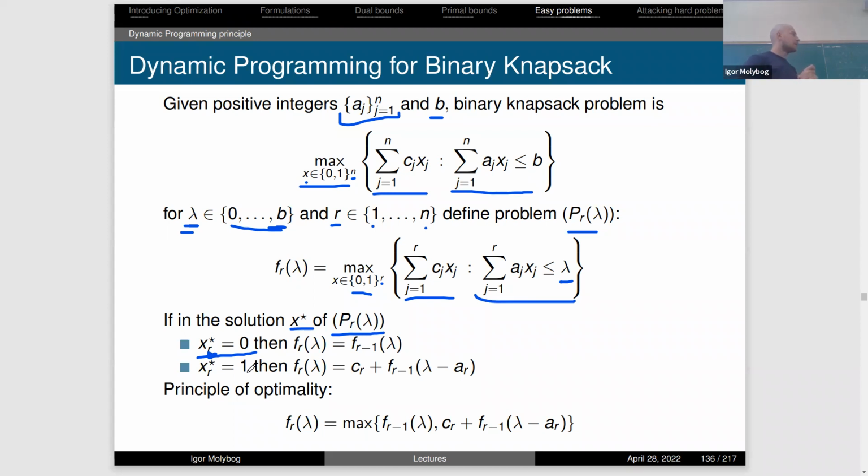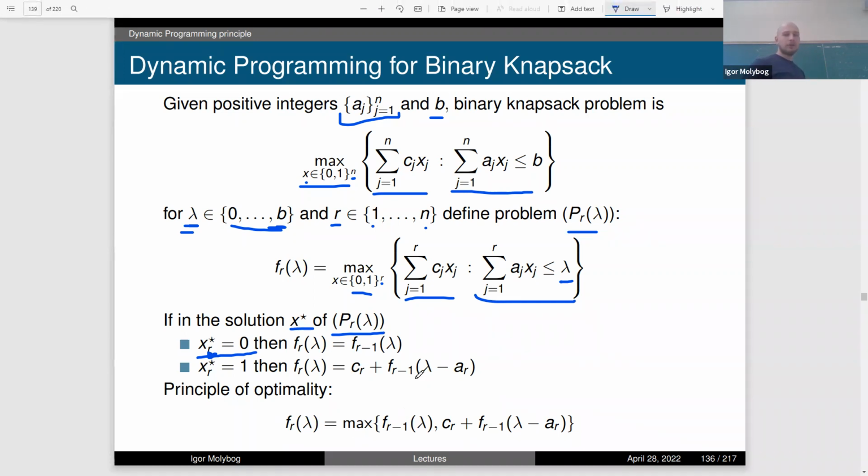If we did pick that last item, then f_r of lambda, if we decided to just not consider that last item, we would need to reduce the size of our backpack, shrinking the amount of possibilities for us to consider. Then f_r of lambda must be equal to c_r, because we got rid of the last item, plus f_{r-1} of lambda minus a_r.